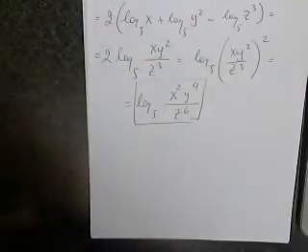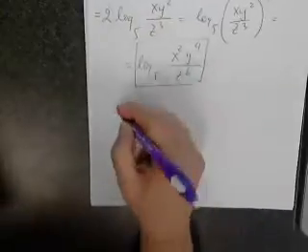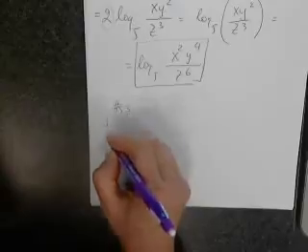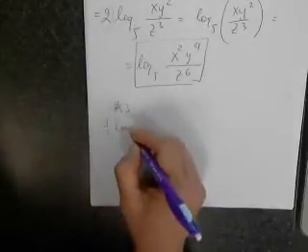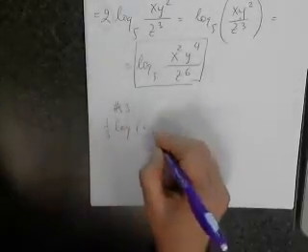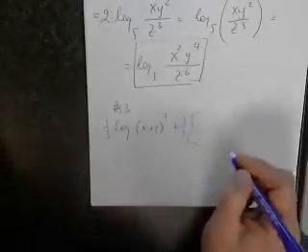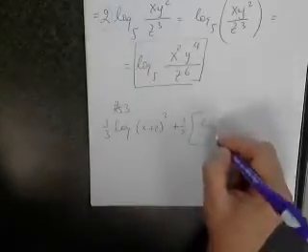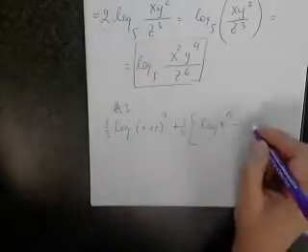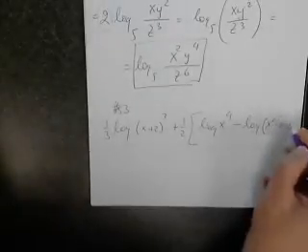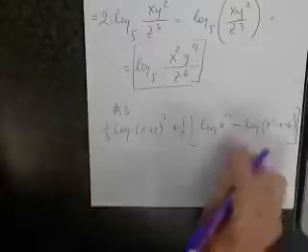Number 53. We have 1/3 log x plus 2 to the third plus 1/2 brackets log x to the fourth minus log of x squared minus x minus 6 squared, everything closed.